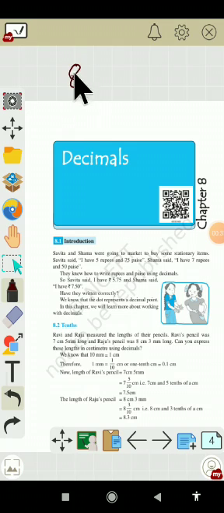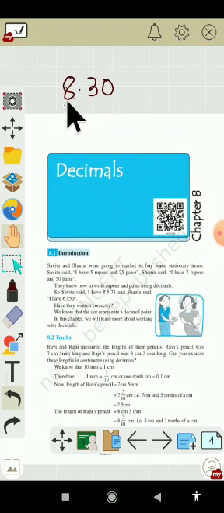Suppose one number is written 8.30. So here you will see one part is whole and another part is 30 after this decimal point.